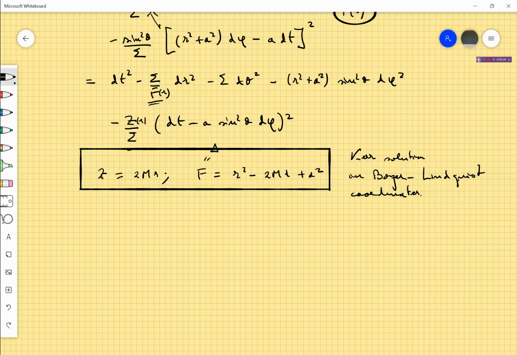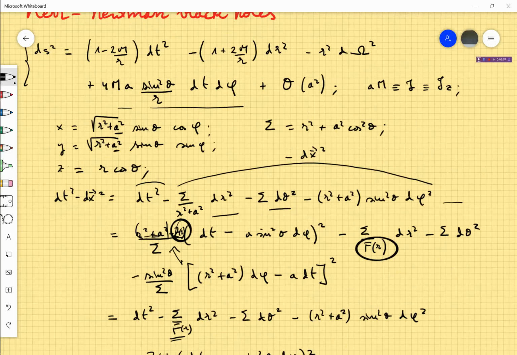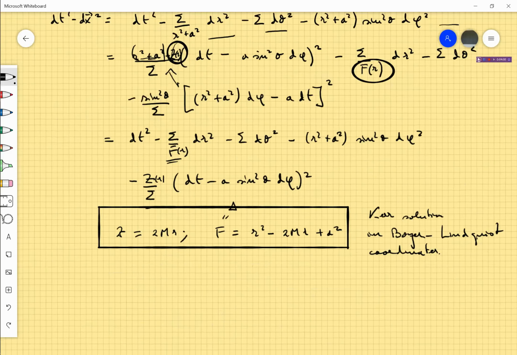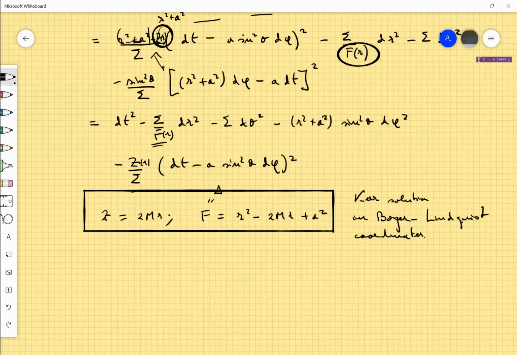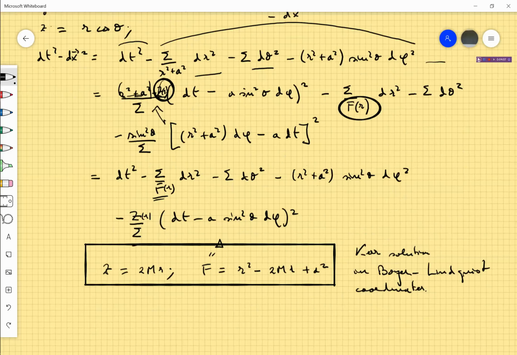Asymptotically, all these metrics, independently of the different momenta of the distribution, since all these momenta fall off at infinity much faster than the monopole term that falls with 1 over r, which corresponds just to the mass, you expect all these metrics to converge to this asymptotic form, the one that we have here. You can say that they are asymptotically like Kerr, because Kerr also asymptotically has the same expansion that we wrote before.